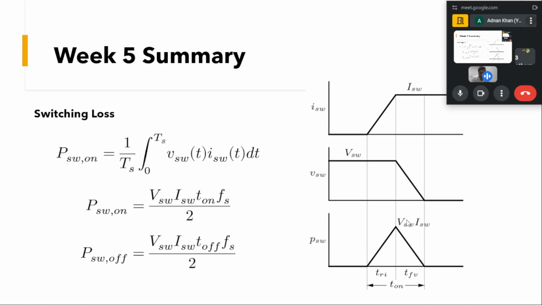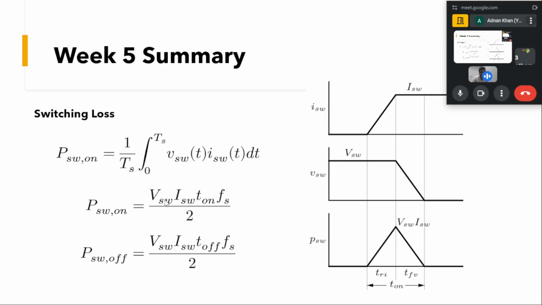We know the area under this triangle is half of base into altitude, so this will be equal to VSW into ISW divided by 2 into T on, where T on is the turn on interval time, which comprises the rise time of the current TRI and the fall time of the voltage TFV, and the sum of these two gives us the total time on for the device.